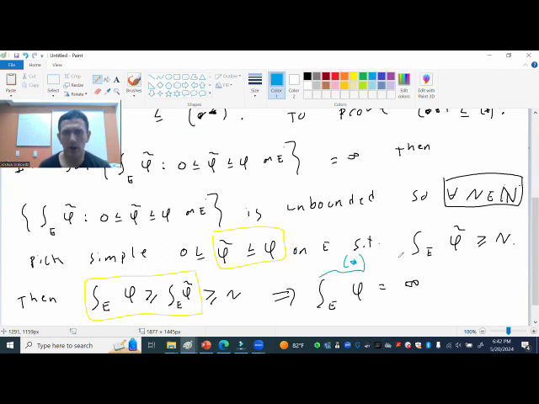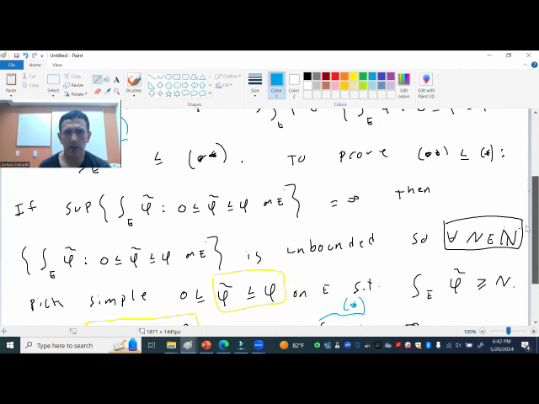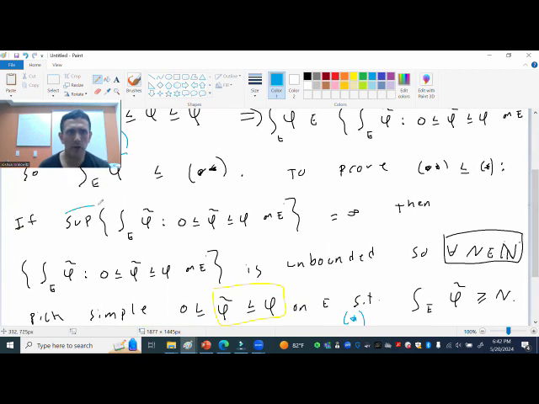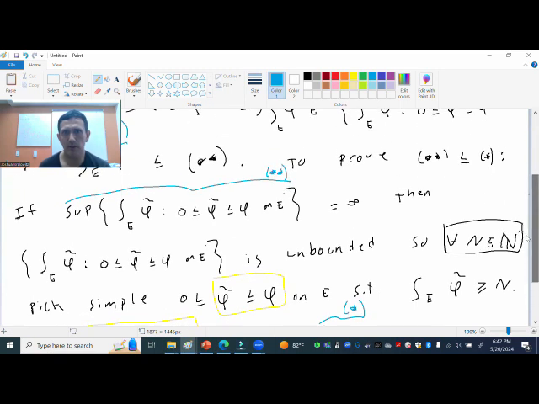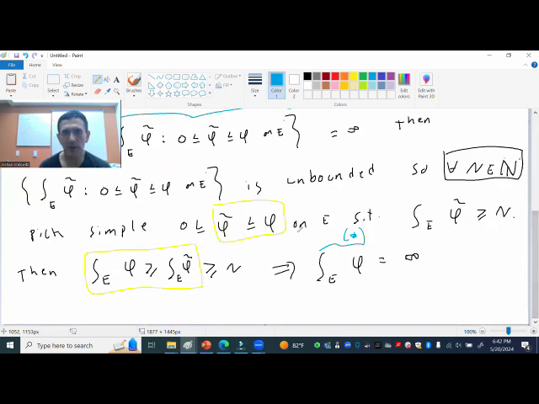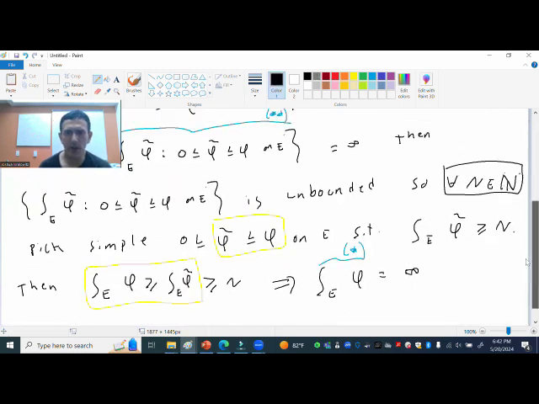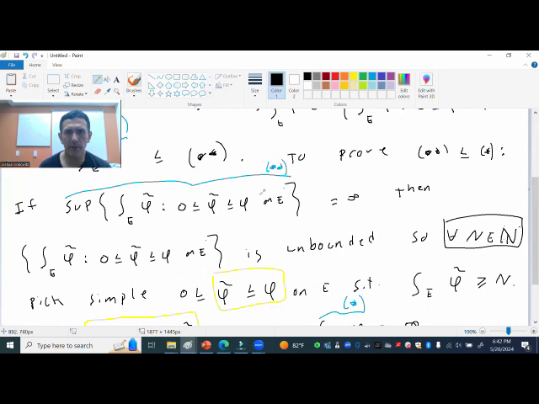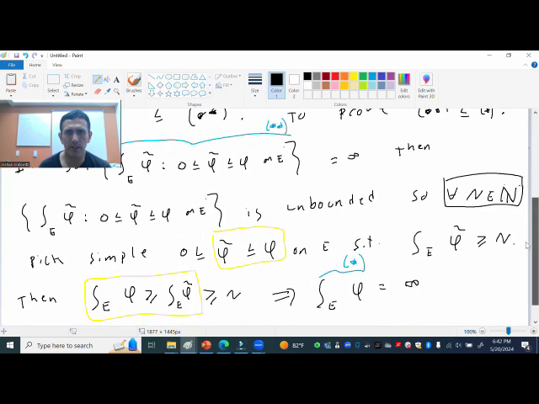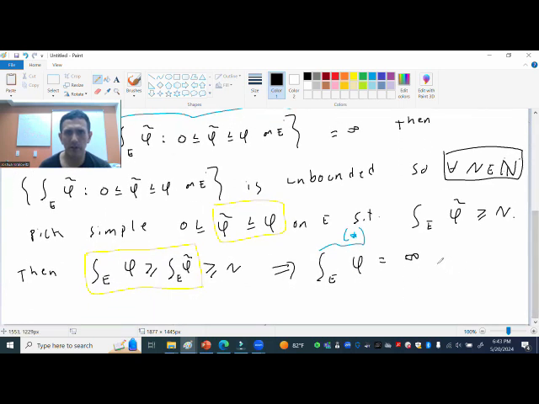So this is star here, and this is star star here. So they're both infinity. Certainly infinity is less than or equal to infinity. Okay. On the other hand, if this is finite, we can assume that the set is bounded.